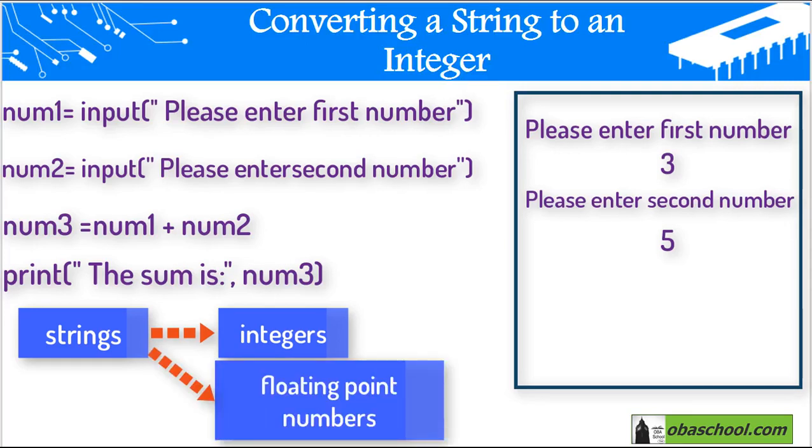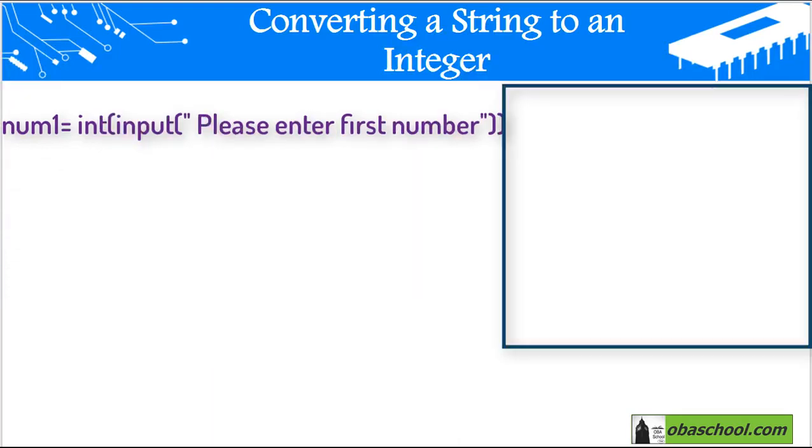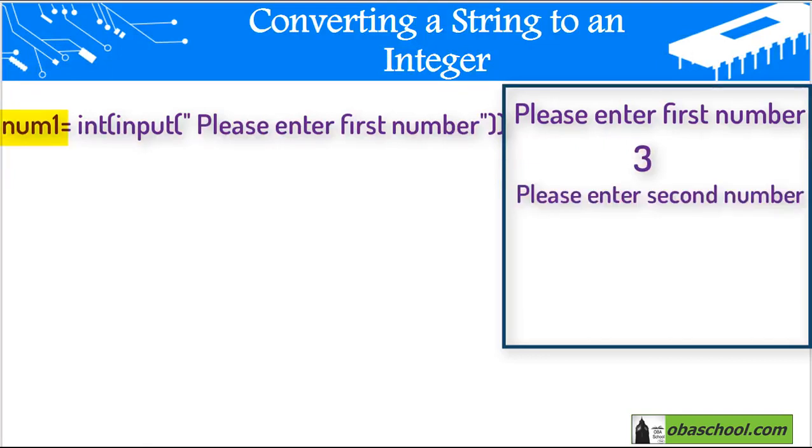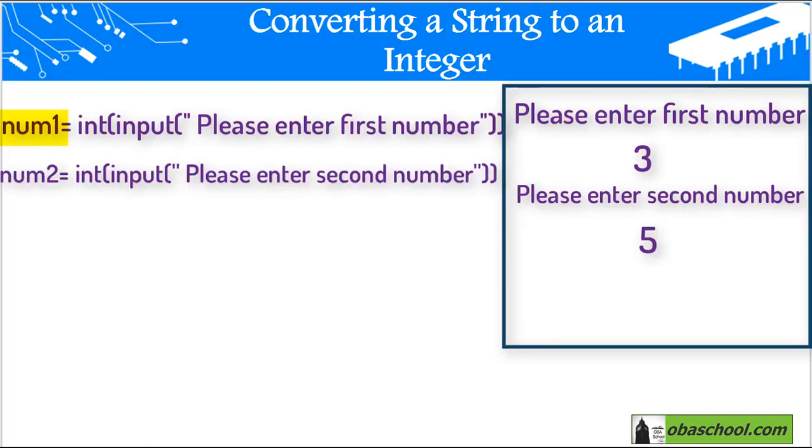So the corrected program would look like this. We put in variable num1 int, then we put the input which we want to show to the user. So when the user enters number 3, it will be changed to integer and saved in variable num1. And num2 is like num1.